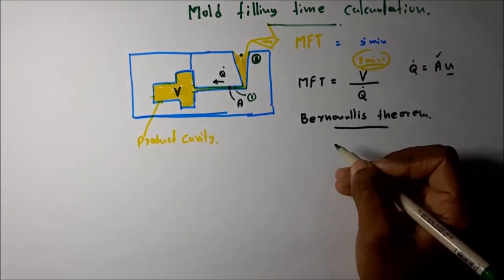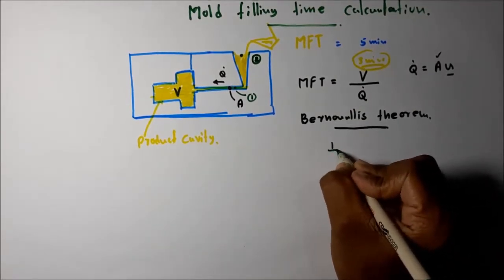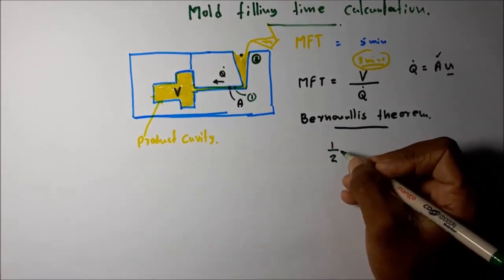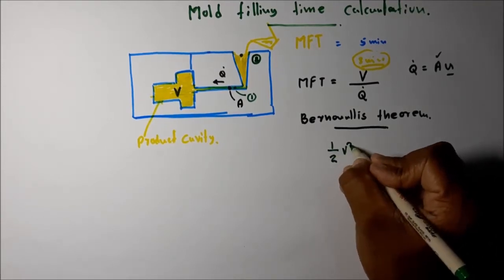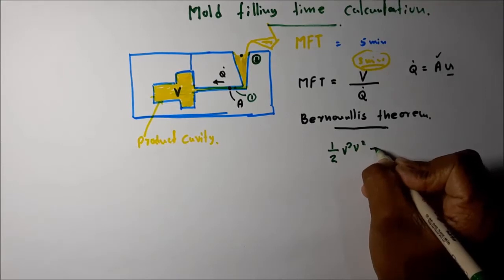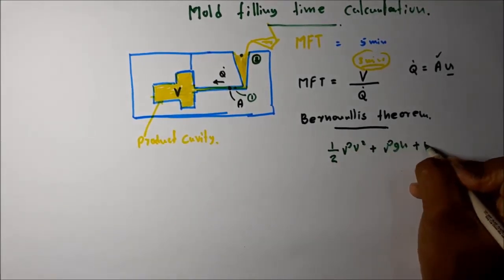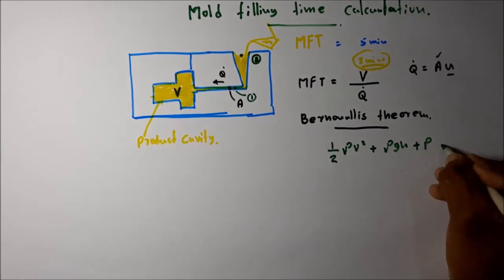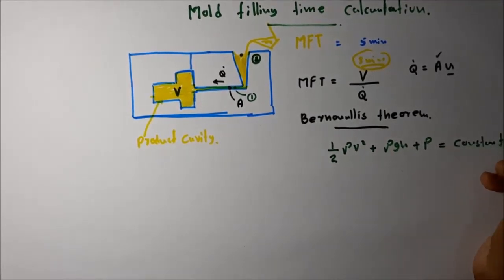Then what does Bernoulli's theorem say? For continuous, incompressible flow, half into rho V square plus rho g h plus pressure is a constant, assuming no frictional losses.